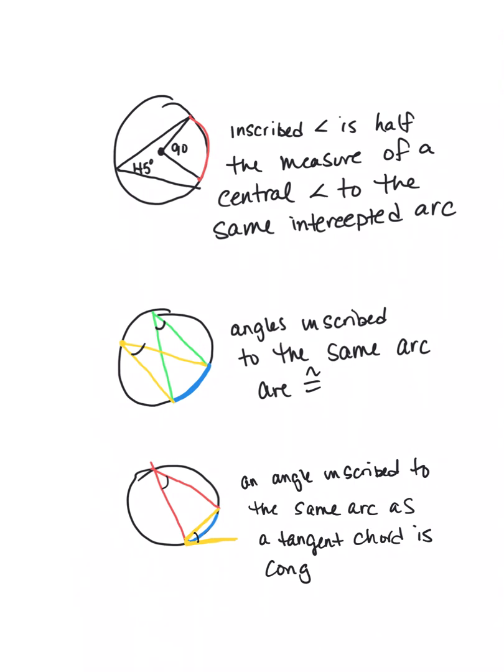I don't like the way I worded this. I should say, angles inscribed to the same chord as a tangent chord are congruent. Whatever. You get the idea. So those angles are going to be congruent.